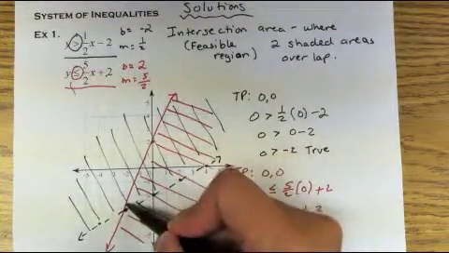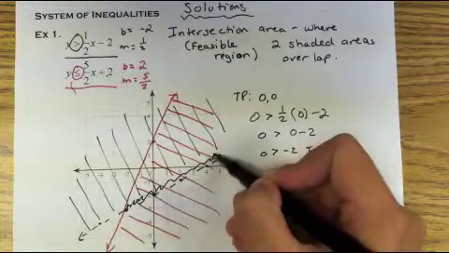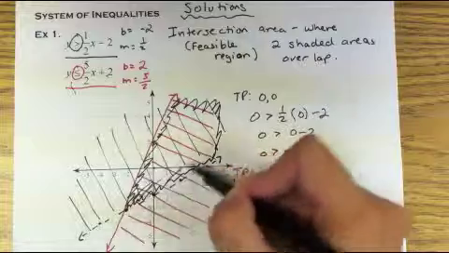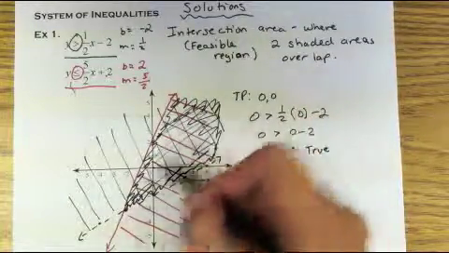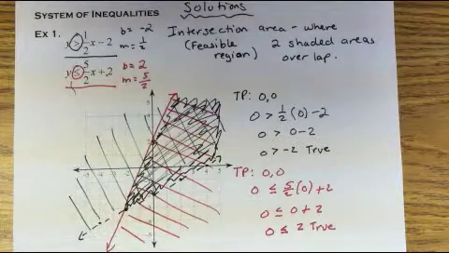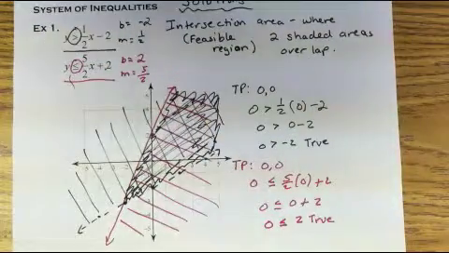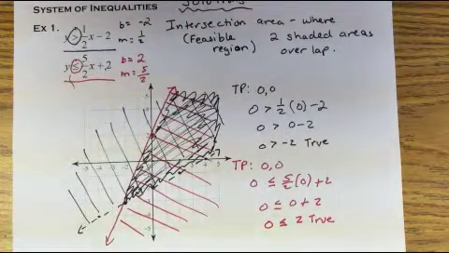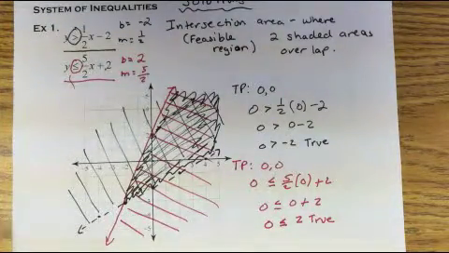Everything right here, I'm going to outline it so you can see it. Any points in that area are in the feasible region. If you pick any points in here and plug them into the original equations and they both check out, you found the right spot.